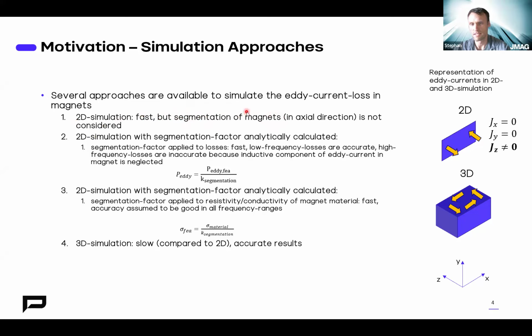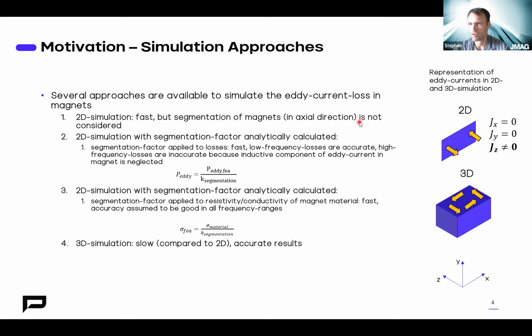But here in this example, I use the approach of the segmentation factor calculation to recalculate the results from a 2D simulation to a 3D simulation. I will explain it afterwards a bit more in detail. So I just want to mention that segmentation always means in this exemplary case the recalculation of the results from a 2D simulation to a 3D simulation, or compared to a 3D value afterwards.